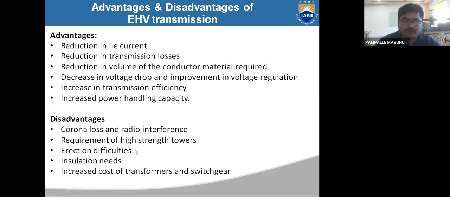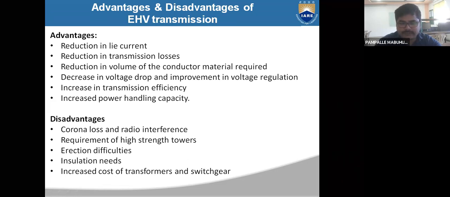You require a high amount of insulation, and so there will be difficulties in erection of these towers also. So when you transmit the power at higher voltages, there will be some difficulties during the erection of the transmission line. And also the cost of the transformer and switchgear equipment will increase with the increasing voltage levels.